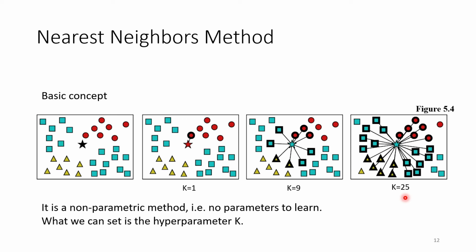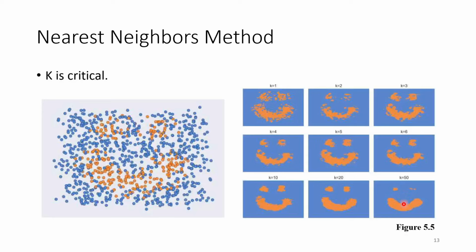Let's see this example. Given this set of data, there are only two types of classes: one is orange, another is blue. Then for different k: 1, 2, 3, 4, 5, 6, 10, 20, and 50, given a point in the set, it will find its nearest neighbors and label the location by their colors.